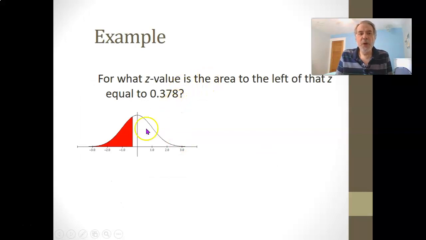For example, let's say we want to know for what z value is the area to the left of that z equal to 0.378. If I told you that this red shaded region here has an area of 0.378, it takes up 37.8% of this whole thing, where is the z value that separates the red from the non-red? From the way I've drawn it, you can tell that it's somewhere between -1 and 0, but where is it exactly?